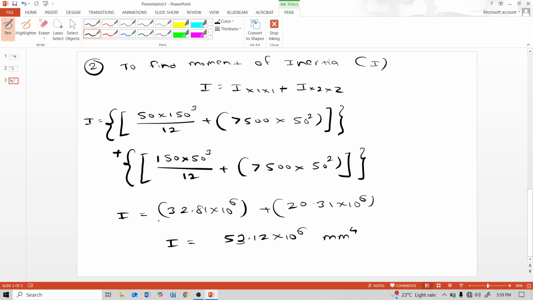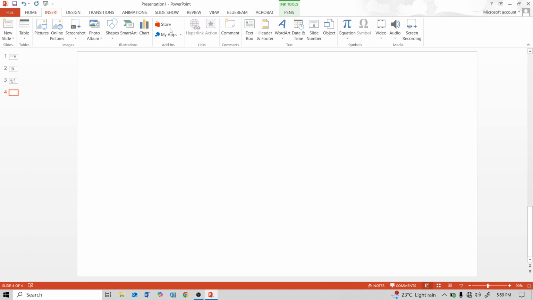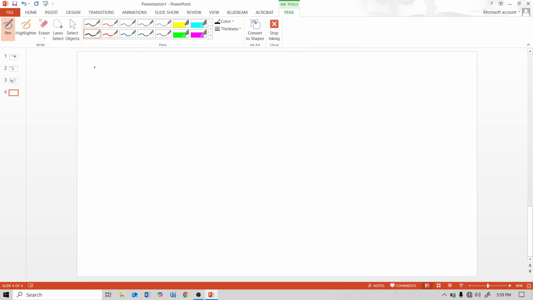Now the next step is calculating stresses at the junction and stresses at the neutral axis. Shear stress at the extreme top and extreme bottom is 0.